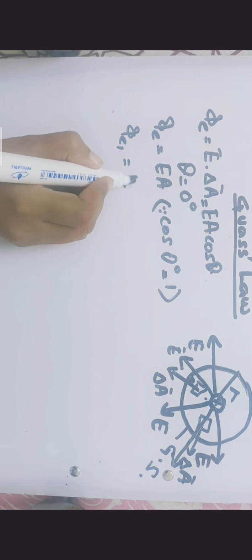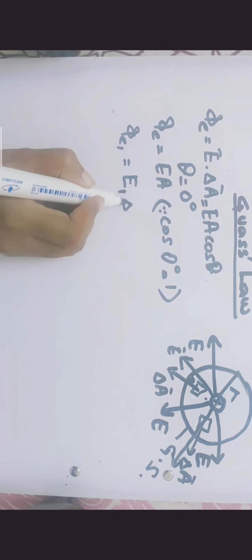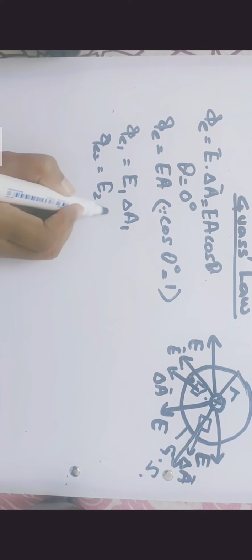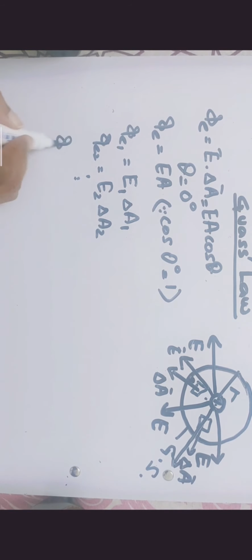So phi E1 for the first patch would be equal to E1 delta A1, and for the next patch it would be E2 delta A2, and for the last one it would be E_n delta A_n, right?